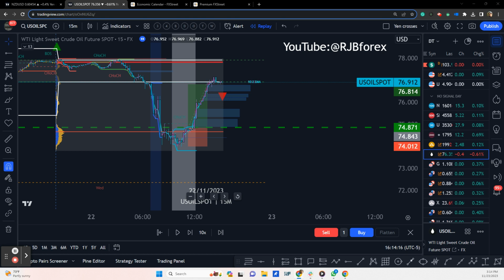So, day 3. Monday is day 1, Tuesday is day 2, Wednesday is day 3. Wednesday resets to day 1, Thursday then becomes day 2, and Friday becomes day 3. We are looking for parabolic trend or reversal trade setups, and we're looking for those to occur within our preferred session.